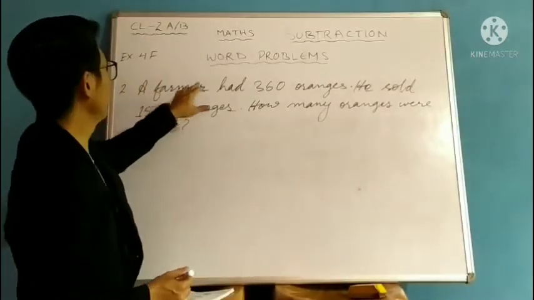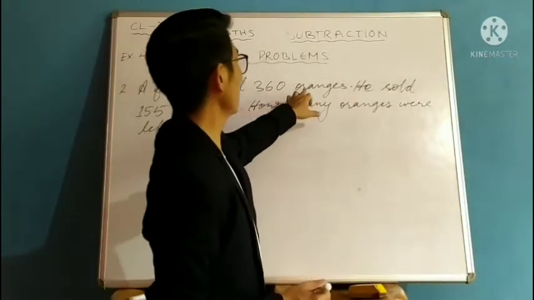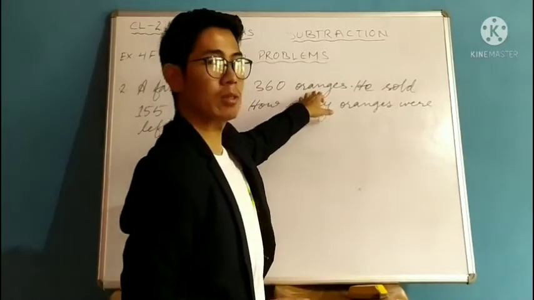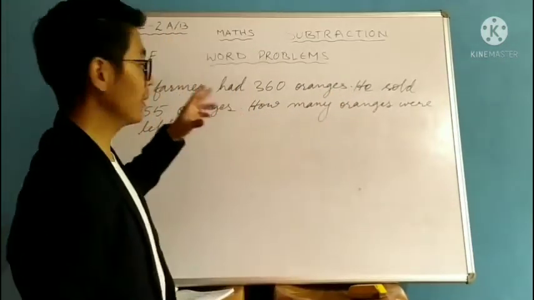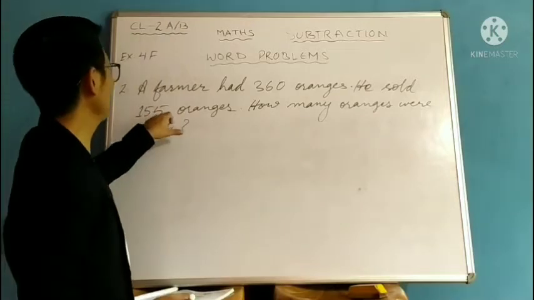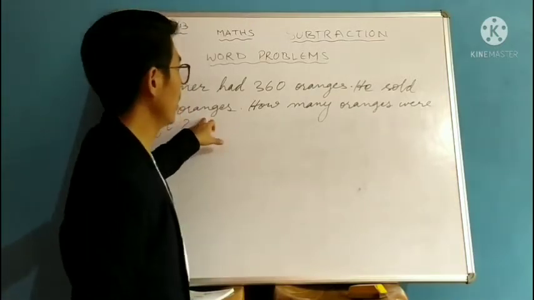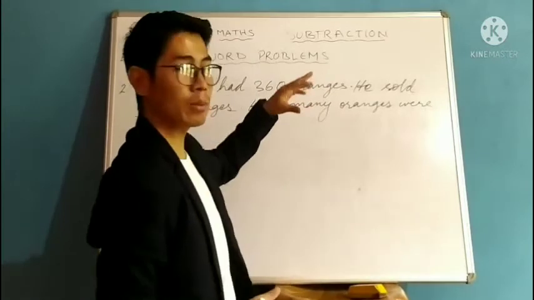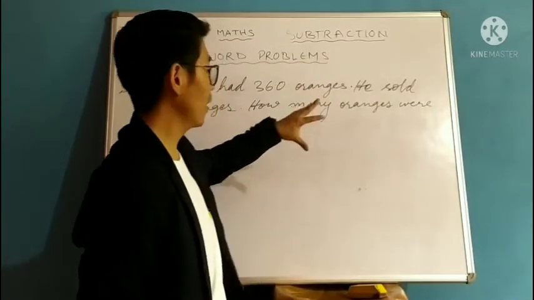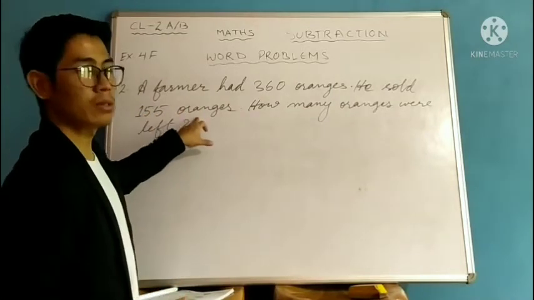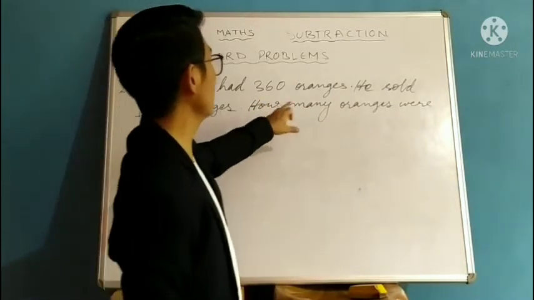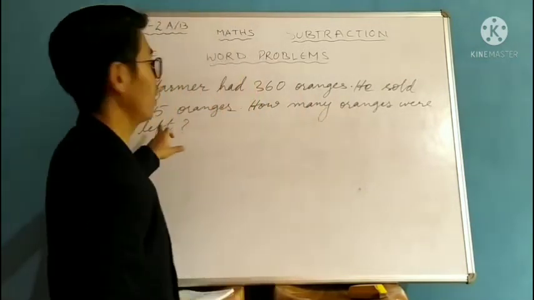Now the second question is, a farmer had 360 oranges, and then he sold 155 oranges. Earlier he had a total of 360 oranges, and after that he sold 155 oranges. Now the question is, how many oranges were left?